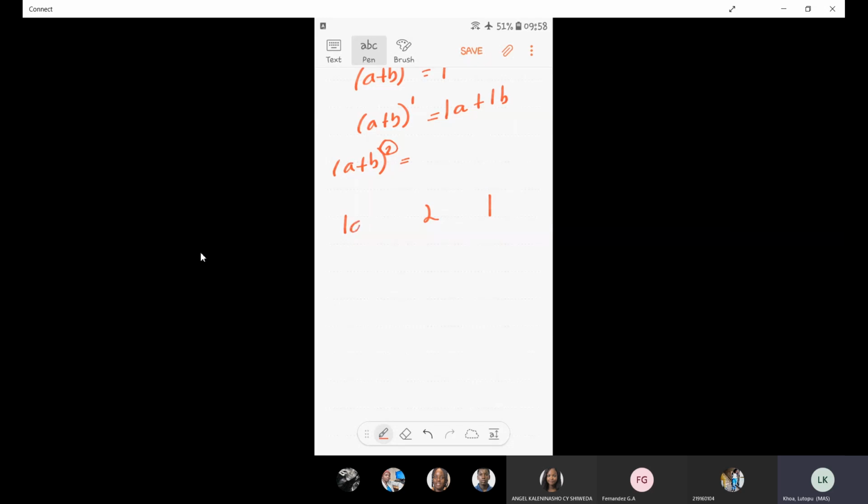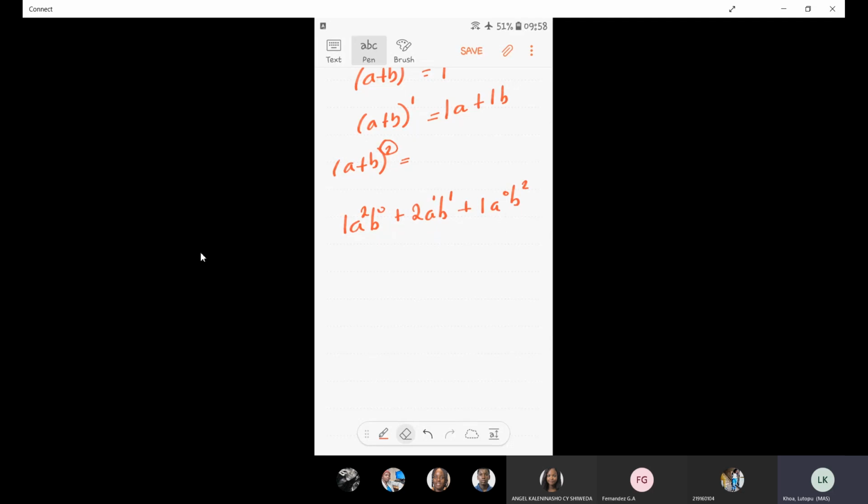So I start with a squared, b to the power of 0, I'm adding. Then a to the power of 1, b to the power of 1, and then I have 1, a to the power of 0, b to the power of 2. So notice the powers of a are decreasing. I have a to the power of 2, a to the power of 1, a to the power of 0.